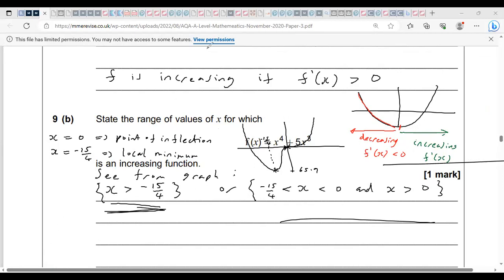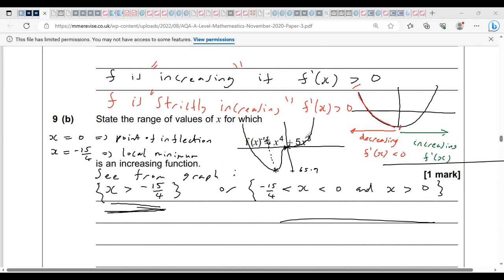That's what the word increasing means. And f is strictly increasing when the gradient is strictly bigger than 0, with a strict greater than sign rather than the equal sign.